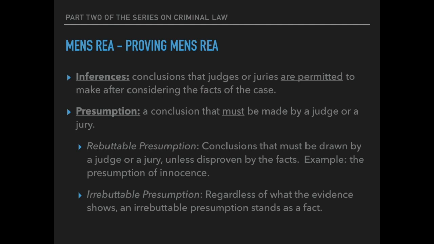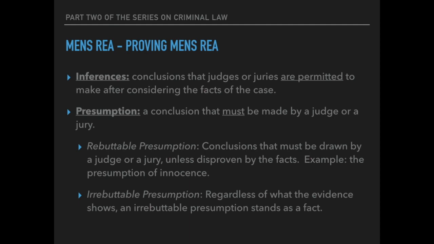You can look at all the facts, and the judge may give you an instruction that says, based on the evidence, if you find that the goat had very little opportunity of being able to swim on his own, then you can infer from those facts that the defendant was being reckless. Okay? The jury doesn't have to find that inference, but they can. They are permitted to do so.